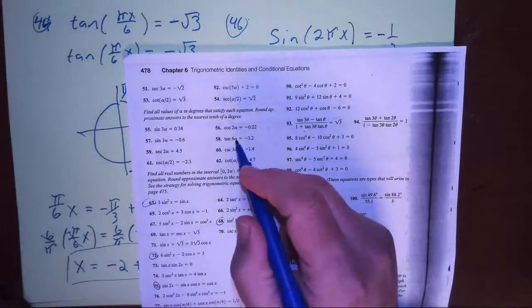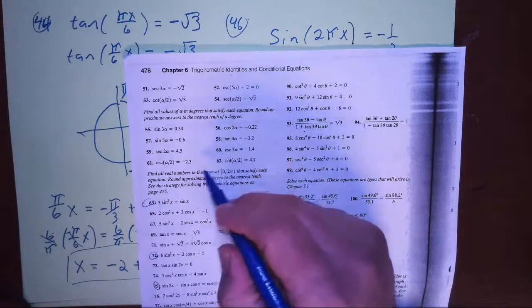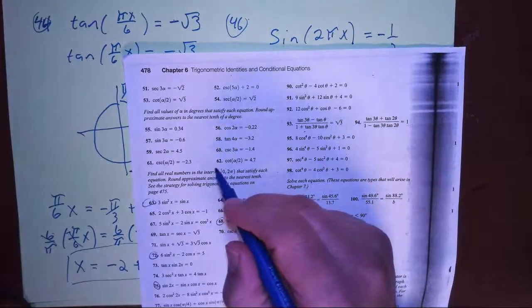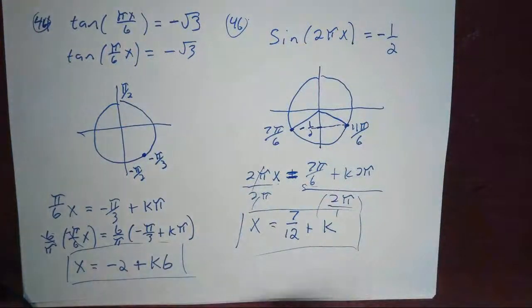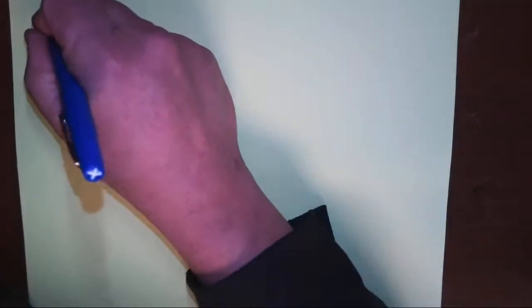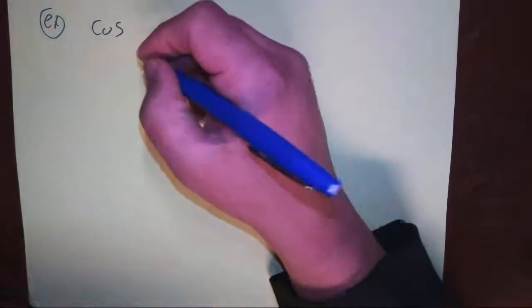I'll do a cosine, and then maybe I'll do a cosecant or something, one of these other ones, and then we'll stop there.